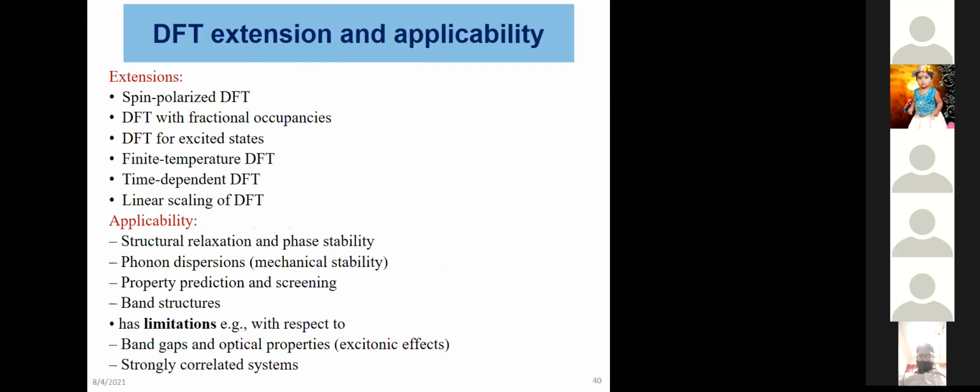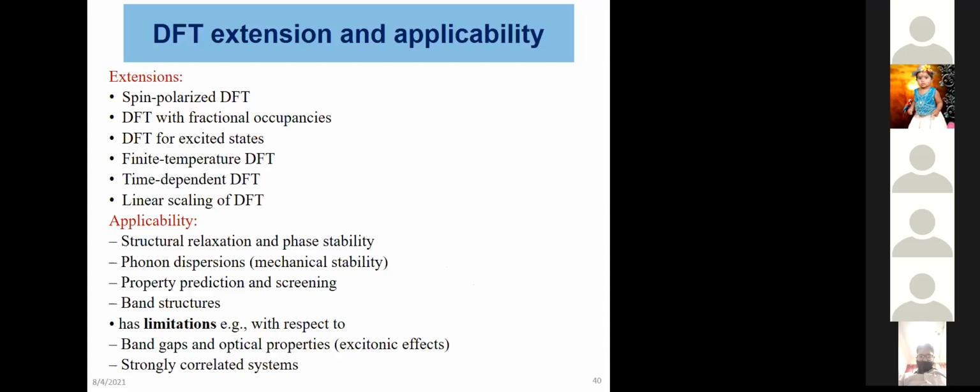Okay, so whatever we have talked about till now, for Hartree or Hartree-Fock, or even for the Kohn-Sham approach of DFT, was for a single electron, and that too for an electron having no spin. I mean, the formalism is for electrons having only a particular kind of spin, either up or down.